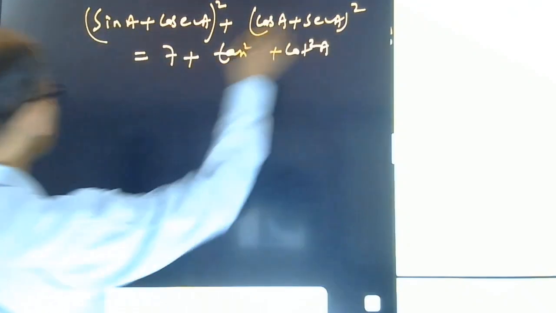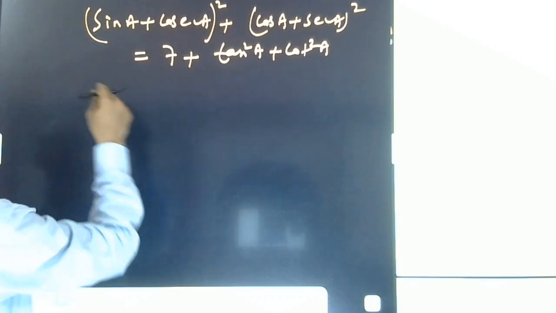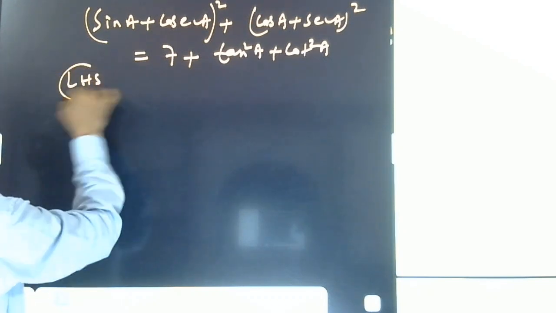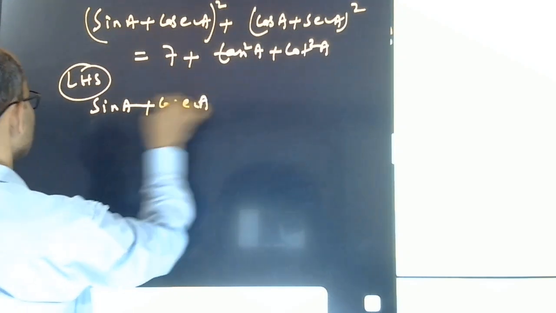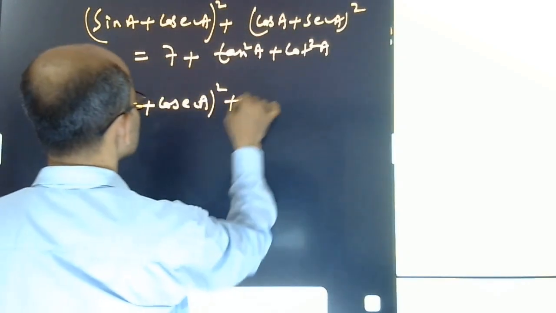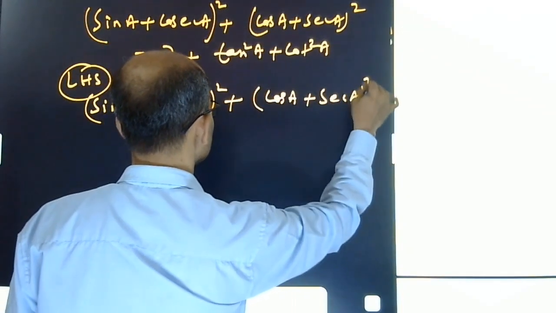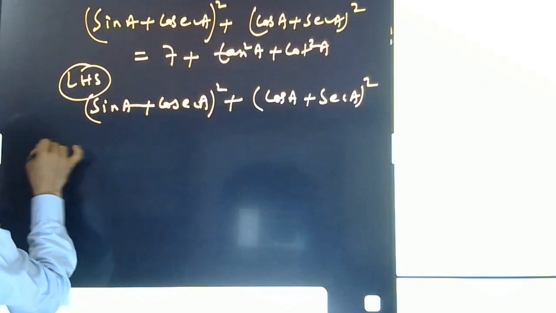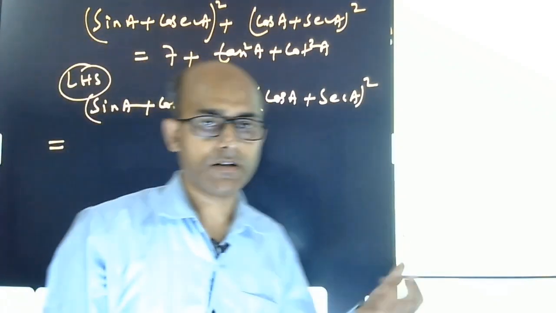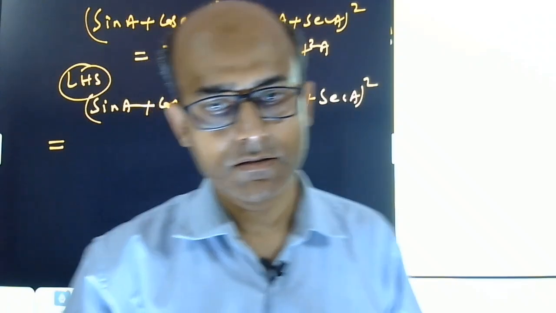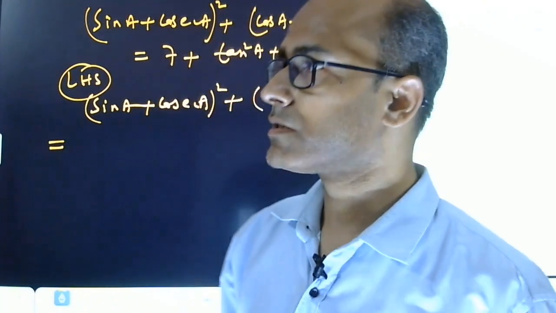Okay, let's start with this LHS. What is our given LHS? LHS is actually (sin A plus cosec A) whole to the power 2 plus (cos A plus sec A) whole to the power 2. And what will you just say? The formula of the square of A plus B. The formula of square of A plus B will be A square plus B square plus 2AB.